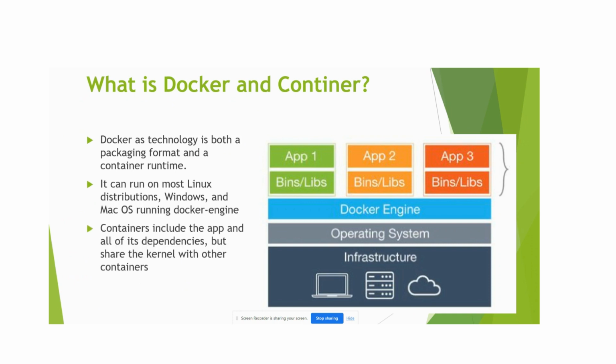And what are containers? The container includes the app and all of its dependencies and shares the kernel with other containers. As you can see, app1, app2, and app3 are the containers. These are running in the same operating system and using the same Docker engine.